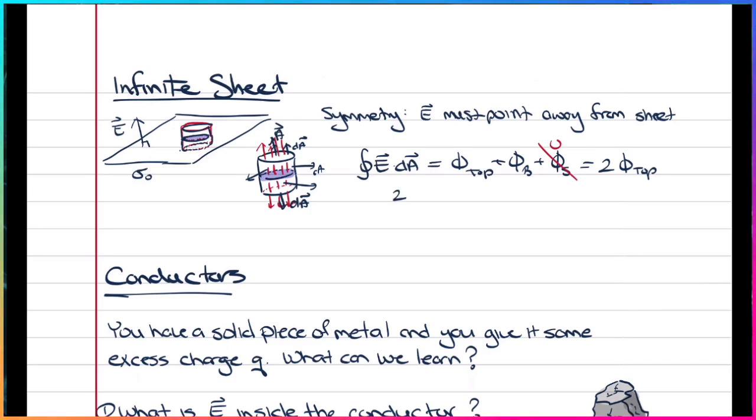So it's going to be 2 times the integral of the electric field at the top, dotted with dA. Which in this case is just going to be 2 times the magnitude of E times A, because they're parallel to one another. And the area of that circle is going to be pi r squared, times E.